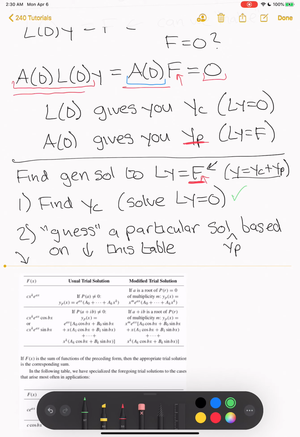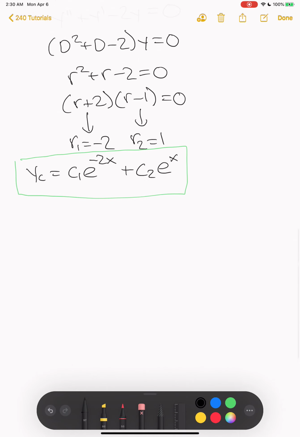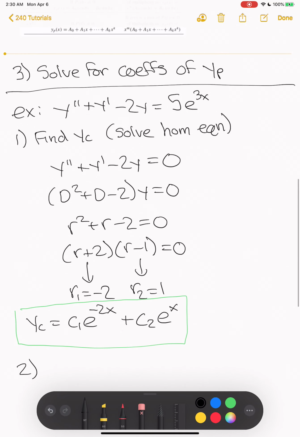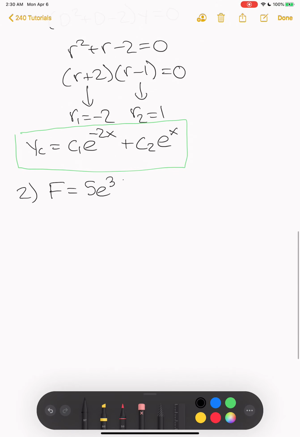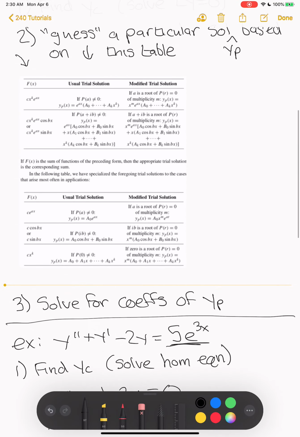Now what we're going to do is guess a particular solution based on the table they gave us. Let's look at what our f is. We were given y double prime plus y prime minus 2y is 5e to the 3x, so my f is 5e to the 3x. I go up to the table, and it looks like the very first case.